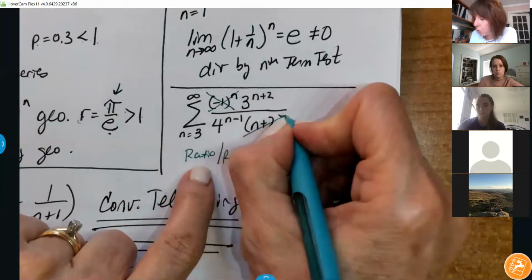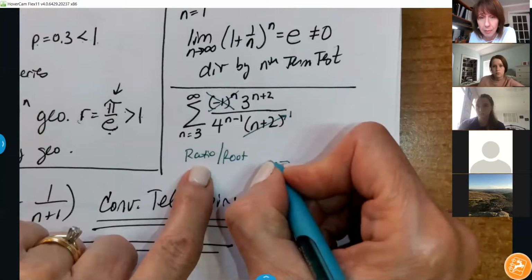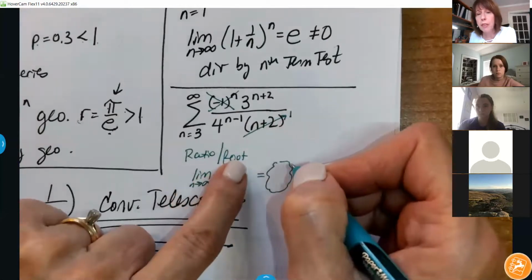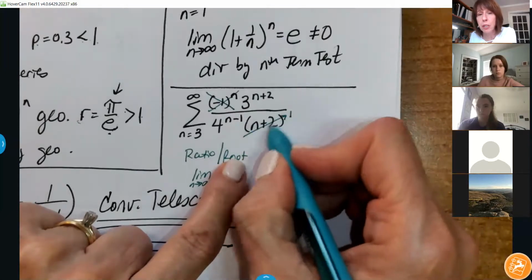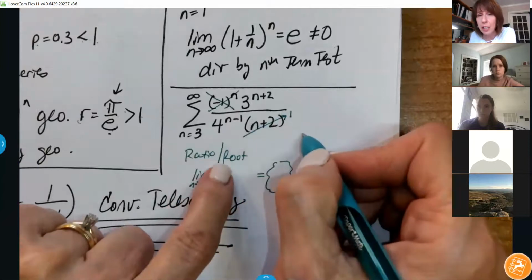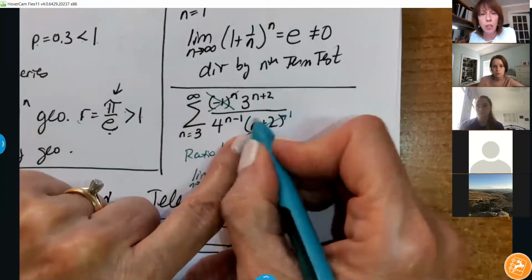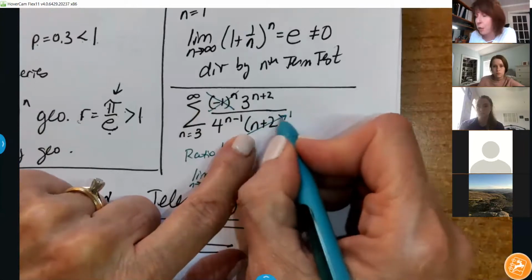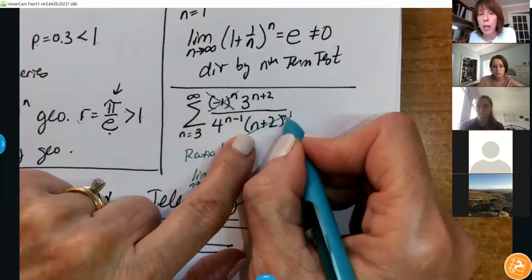And then same thing with the root test. The nth root of this n+2 is 1 as n goes to infinity. So the negative one won't matter. Any n squared, cubed, to the 4th, whatever, all go to 1.